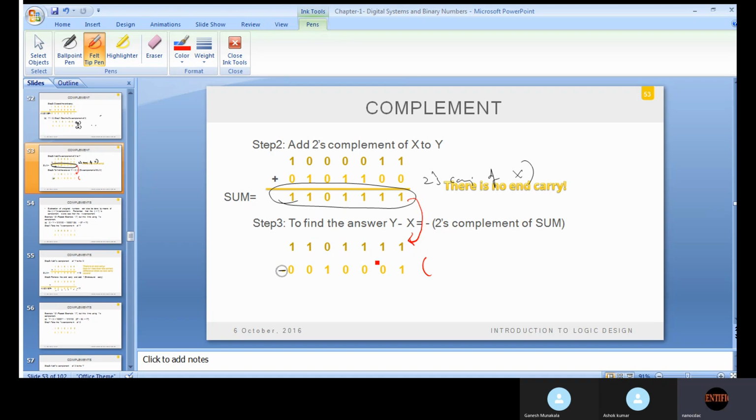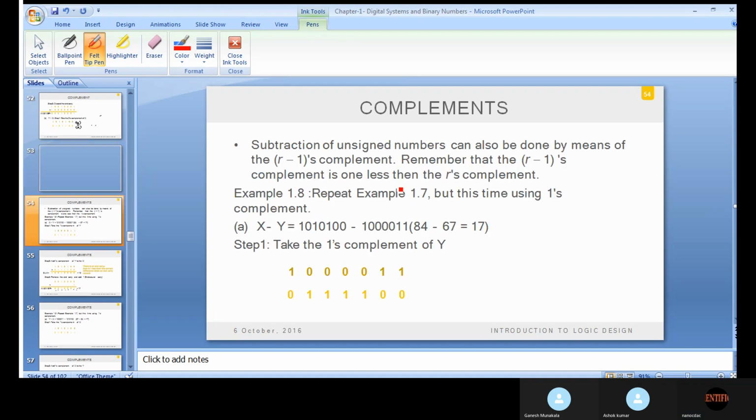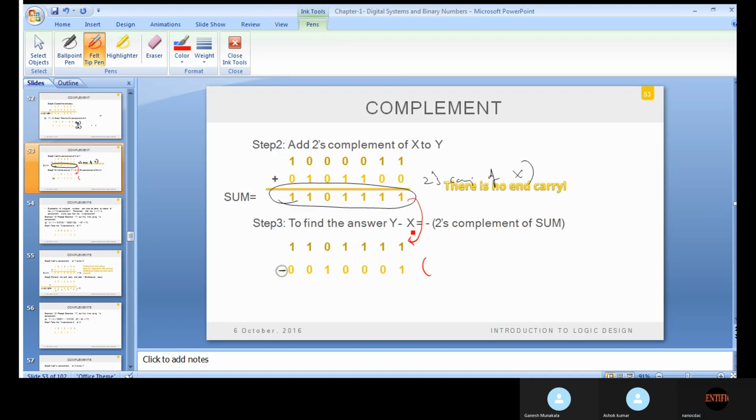Okay, so ఇది two's complement of the sum తీసుకుందాం 110 1111. If you are taking the two's complement, what you will get?